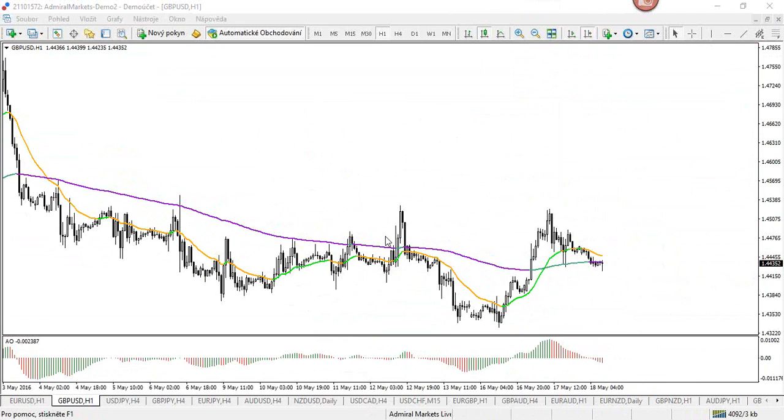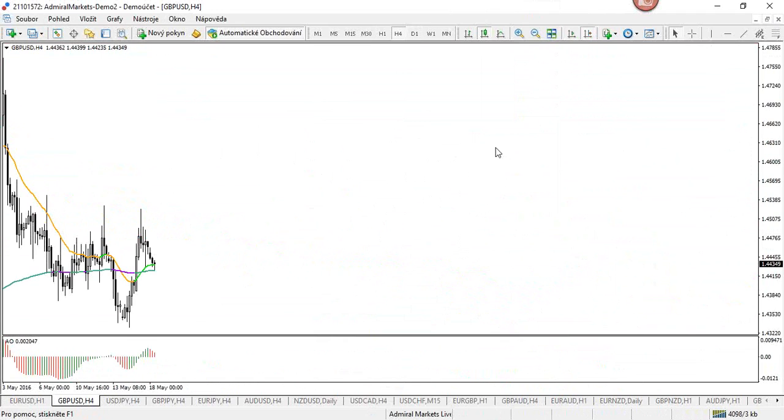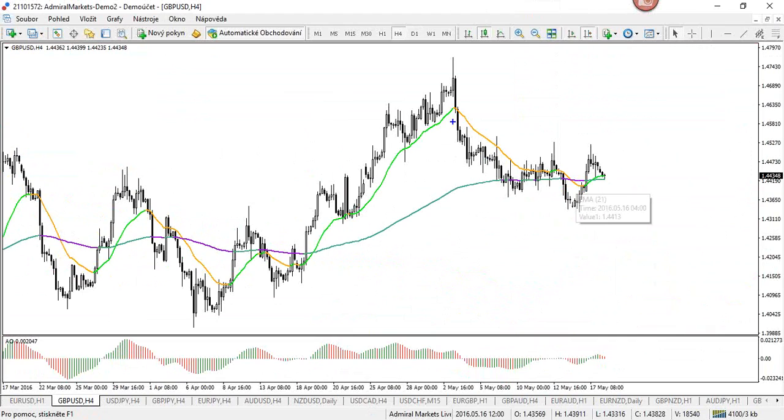Okay, a bit of a mixed picture here, to be honest, in my opinion, because we got momentum to the downside, but we have momentum to the upside. We broke a support trend line here, right? But then made a pretty sturdy rally after that and challenged this resistance right there.